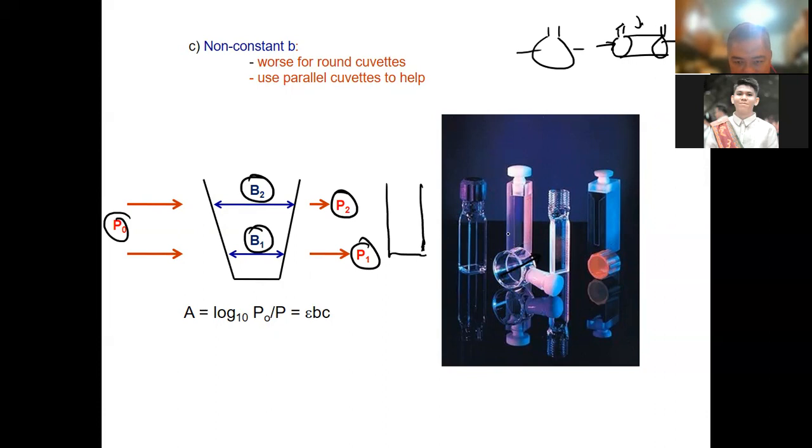But some, I don't know for what reason, pag ganito yung ginagawa nila yung pagpasok ng light. In that case, it's not uniform. So that's the third problem, okay? Doon sa common problem in absorption. So this is just talking about A equals to this. So ang affected dito is this one.